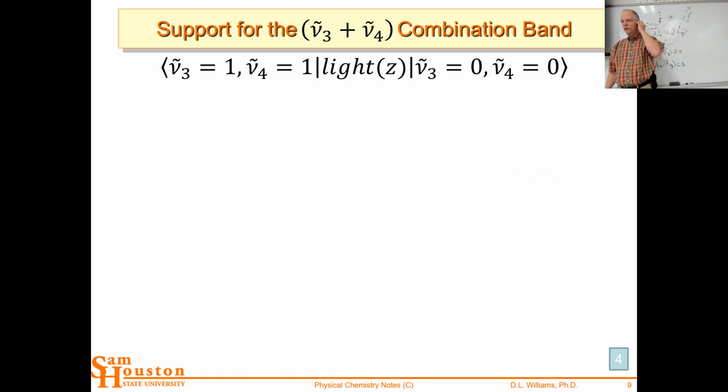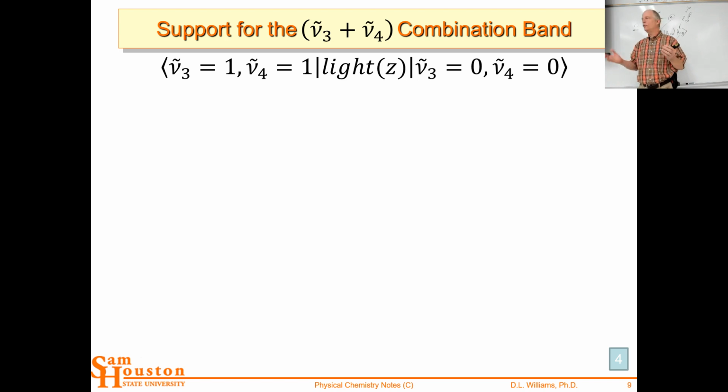So for the Nu 3 plus Nu 4 combination band, you see in Dirac notation we have zeros on the right, which is the ground state, and they're going to 1 quantum excitation in Nu 3, 1 in Nu 4. Now this is acetonitrile. We have 6 atoms, so n equals 6. So 3 times that is 18, minus 6 would be back down to 12.